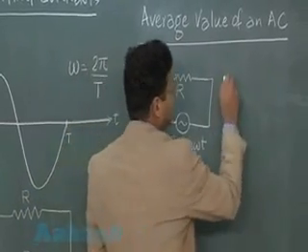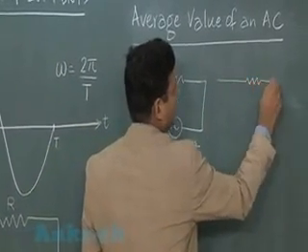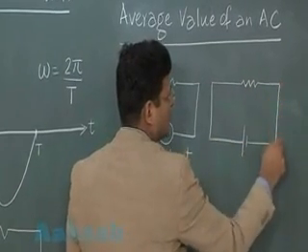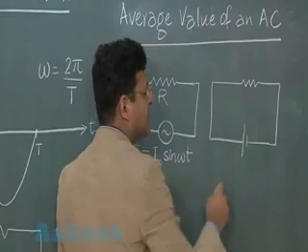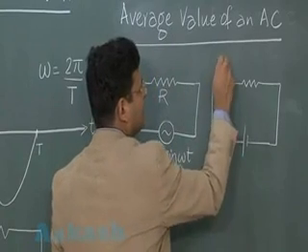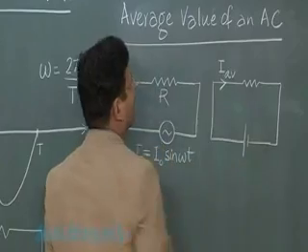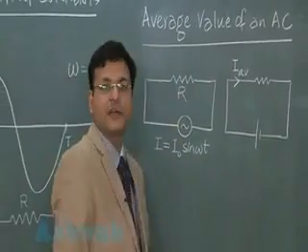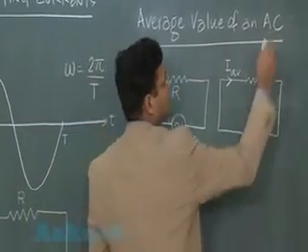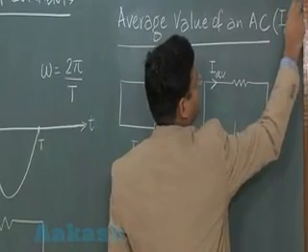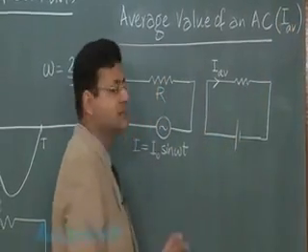And simultaneously, imagine that you have another circuit which is connected to a direct voltage source in which the current flowing is I, and you are calling it I average. The average value of a current has a symbolic representation. You can call it I average. For average, we have used the subscript AV here.